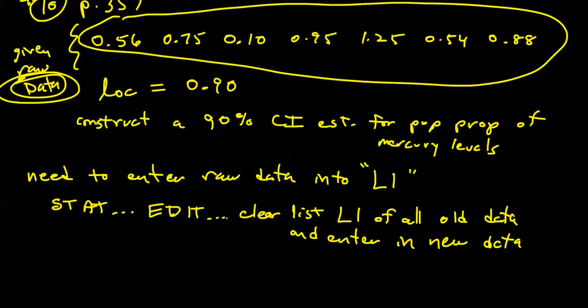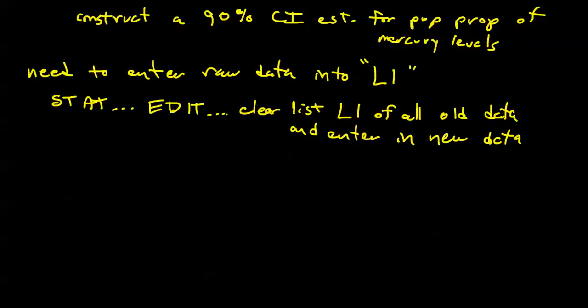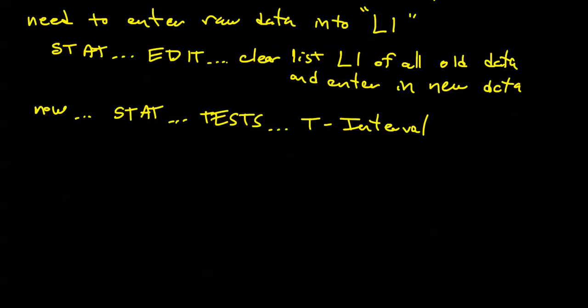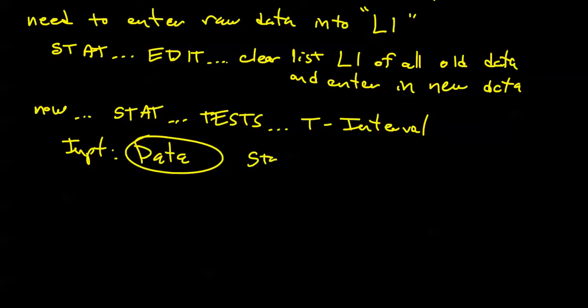Alright, once we've completed that step, I'm going to go to the t-interval command. And again, we hit Stat, then Tests to get to that test submenu, and t-interval. In the input mode, we're going to input this raw data, so we're not going to choose the stats mode, the summary statistics mode.